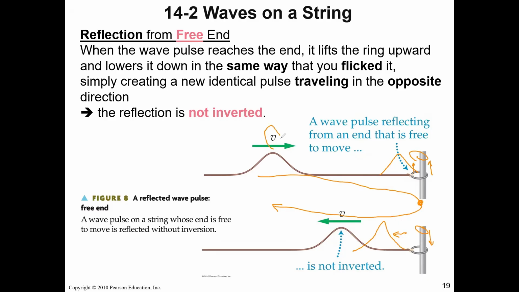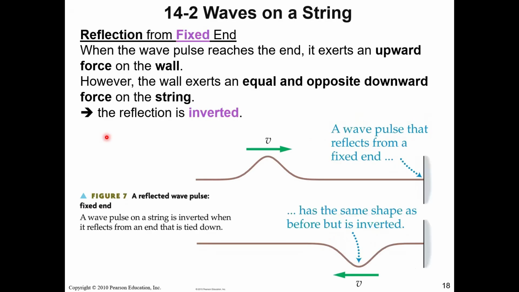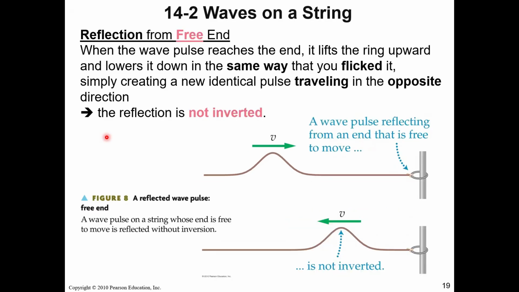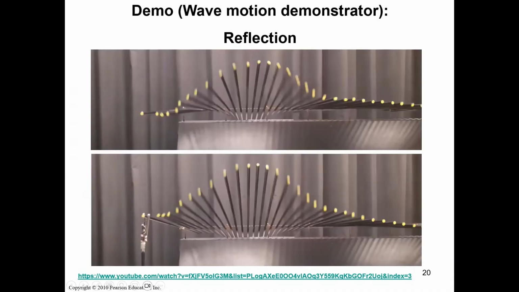The wave is still pointing up and is propagating back. So if a wave reflects from a point that is a free end, the wave will not be inverted, but of course the propagation direction will be opposite because it is reflected. So these are the two types of reflection of a wave. If there is a fixed end, the reflection will be inverted. If the end is free, the reflection is not inverted. If we can, we will have a demo in here.